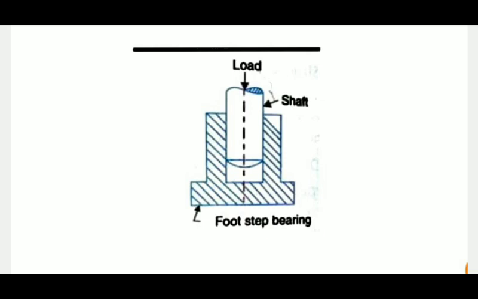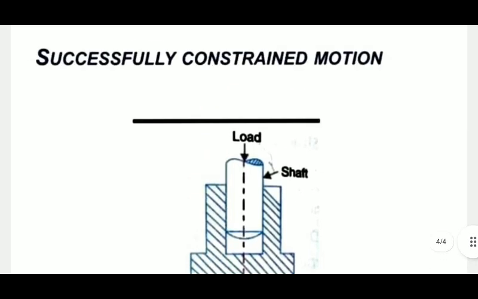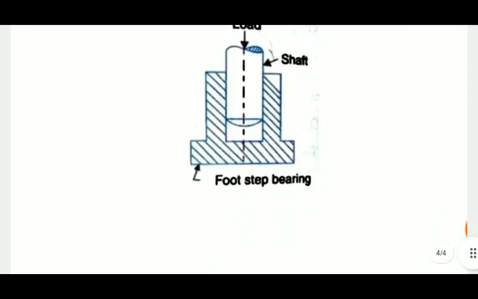But when we apply the load upon its upper end, the shaft only rotates about its own axis, but does not gain a to and fro motion. So we call it successfully constrained motion.